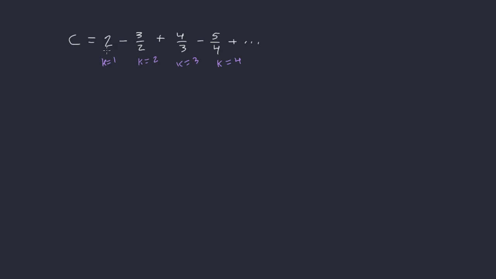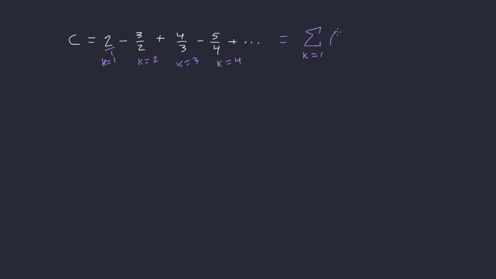Okay, and then I think of this as 2 over 1. All right. So it looks like to me that the series we have here, I'm going to start it at 1. You don't have to start at 1, but that's the first thing I thought of, and it seems to work. It looks like the denominator of the fraction is k.